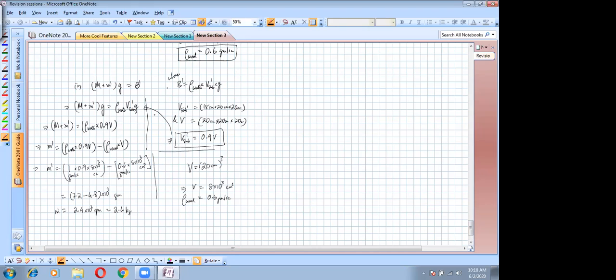So here basically this equation, the M over here is density of wood into its total volume. So that's what we are carrying on this side.